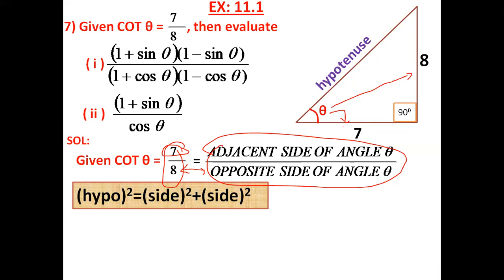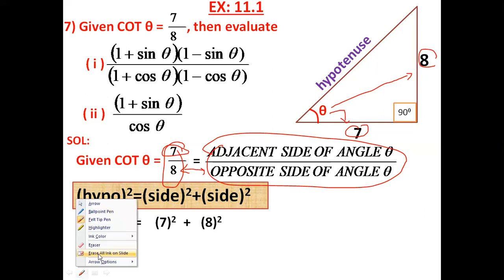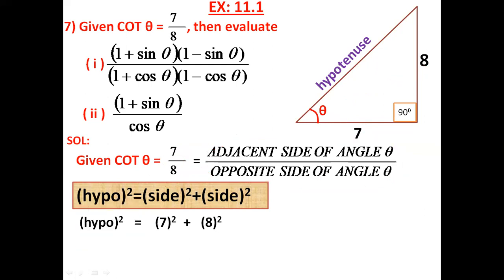We don't know the hypotenuse, but we know the other two sides, 7 and 8. Substitute 7 square plus 8 square. 7 square is 49, 8 square is 64. So hypotenuse square is equal to 49 plus 64, which is 113.